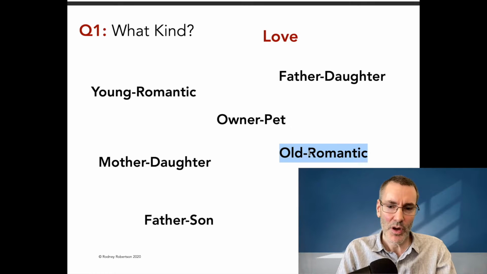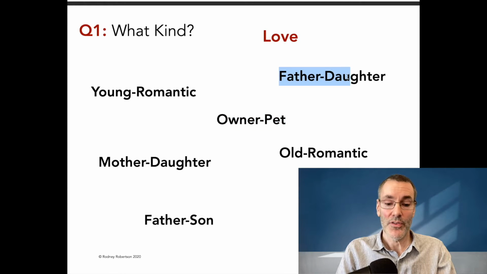You're in grade 11 and 12 or university now, and so you're supposed to be thinking precisely. You're supposed to be training yourself to think precisely. Romeo and Juliet's not about old romantic love. It's not about an older couple that love each other. It's about young romantic love. There's different kinds of love, and you've got to distinguish them. There's pet-owner love, there's father-daughter love, and father-son, and mother-daughter love. There's all kinds. So be precise. That's the first question.